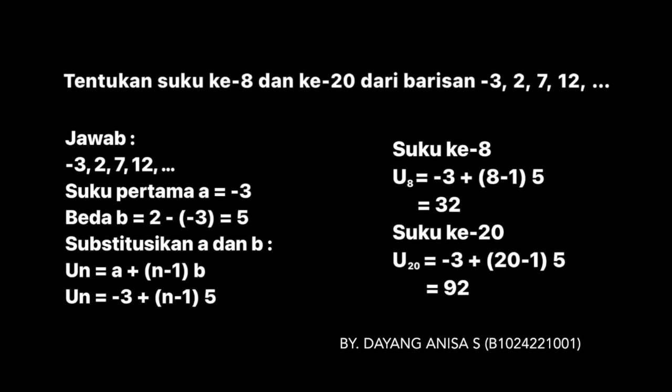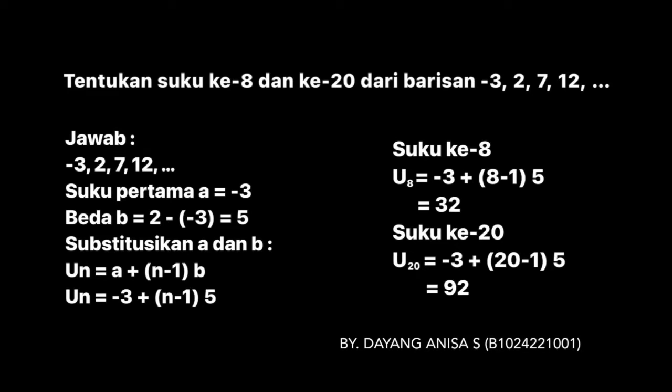And after that, we can put it into the formula. So, Un equals a plus n minus 1 multiplied by d. And it becomes U8 equals -3 plus 8 minus 1 multiplied by 5 equals 32.